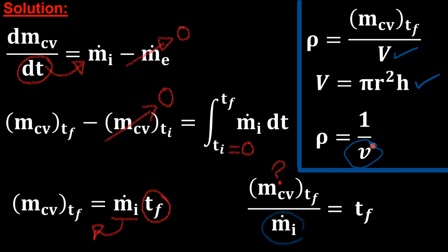You can see the specific volume at that pressure, and then we can find the density. Once we find the density and the volume, we can solve for the mass within the control volume at the final time. Once we find this value, we can plug it back in here and find the time required.